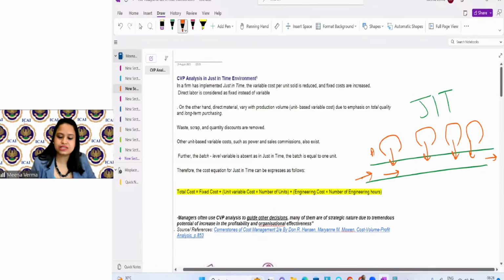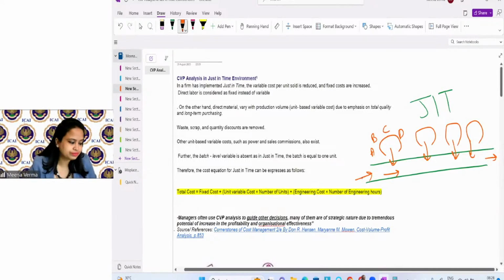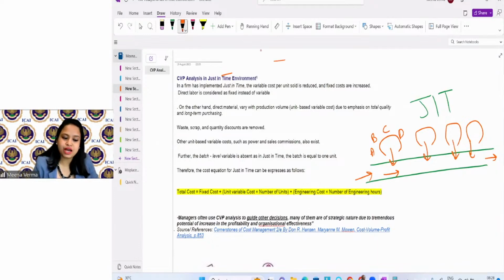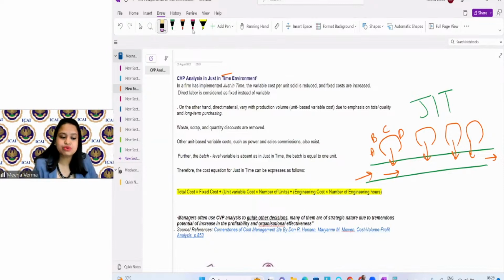And the cell is actually a group of machines. Now, in a just-in-time system, they focus on reducing the cost. We have learned that we implement the just-in-time system or the lean system to reduce the cost.